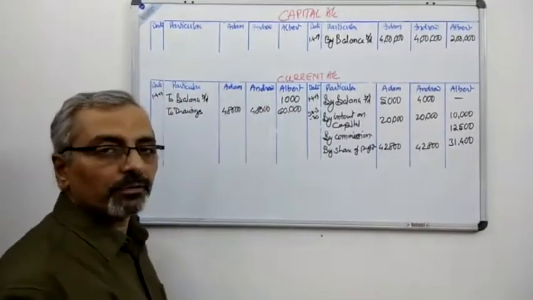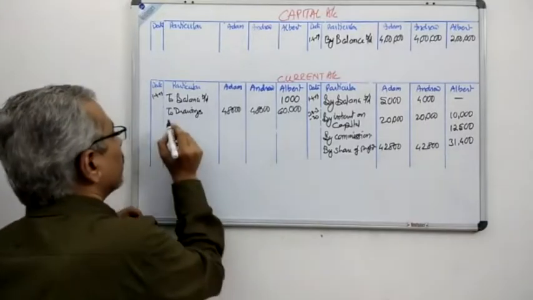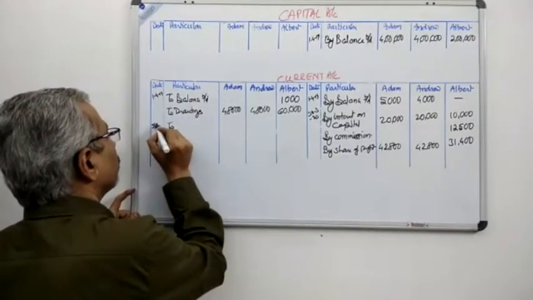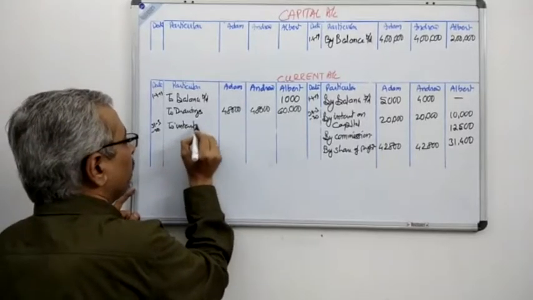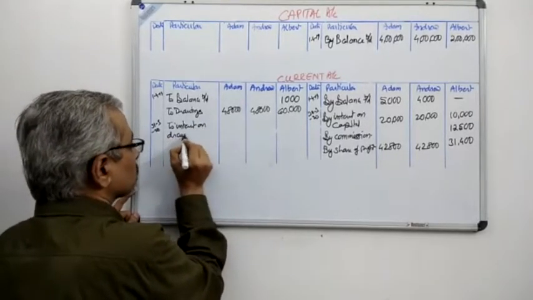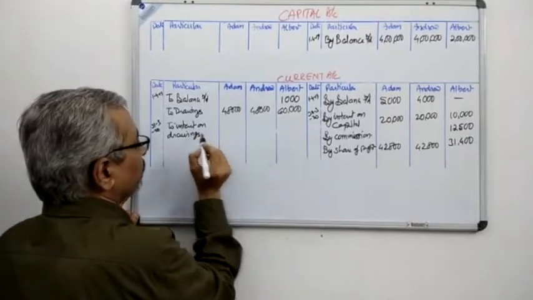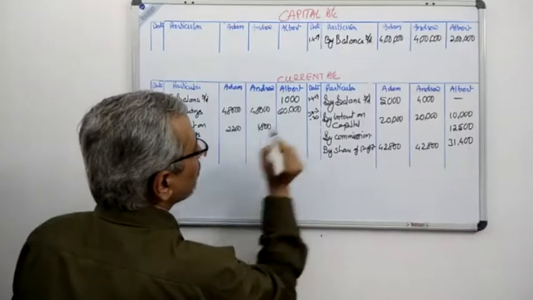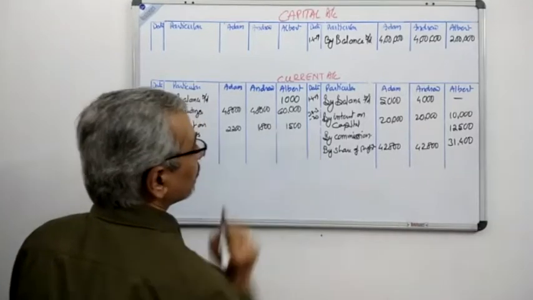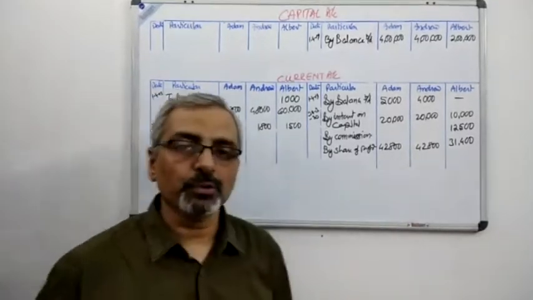Next one, we will do the entry on 31st of March 2020 to interest on drawings. If you see very carefully, 2,200, 1,800 and 1,500.